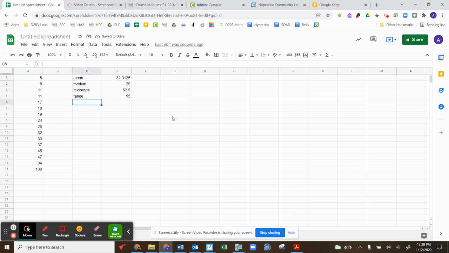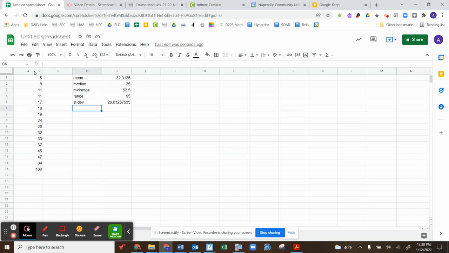And then standard deviation. So that is equals STDEV, there's that same number, 26.62 approximately for those.